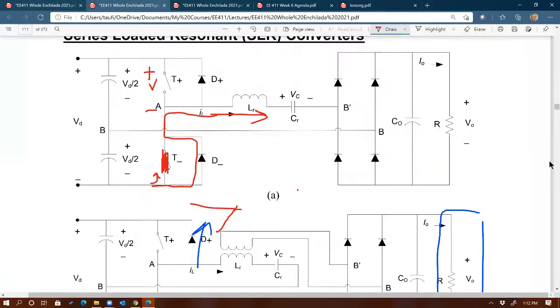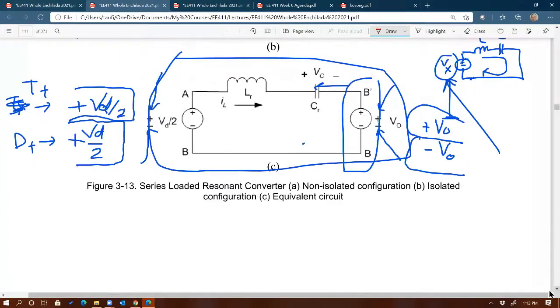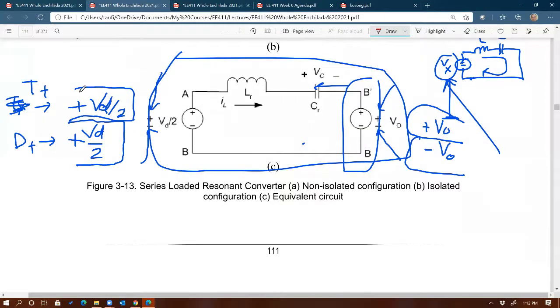Earlier, when T plus is on, the source AB is equal to plus VD over 2, and the output of the tank is plus V out. So the combination of plus VD and plus V out gives you a larger peak than the time when diode D plus is conducting. When diode D plus is conducting, you have plus VD and minus V out.